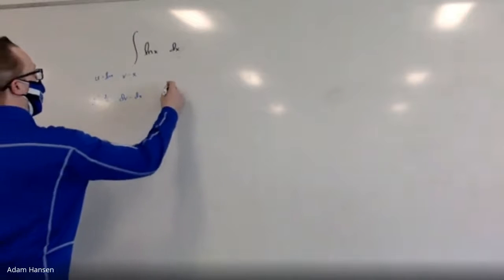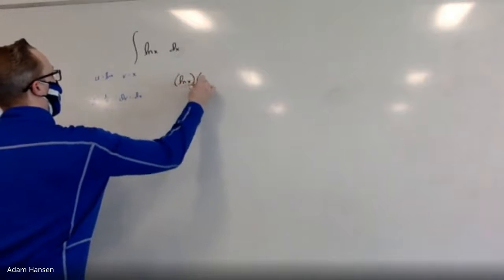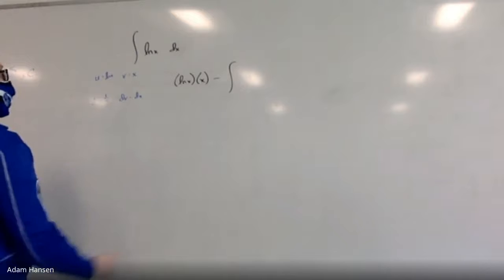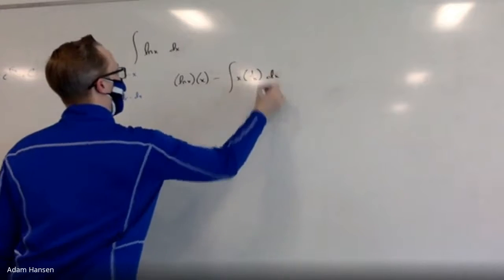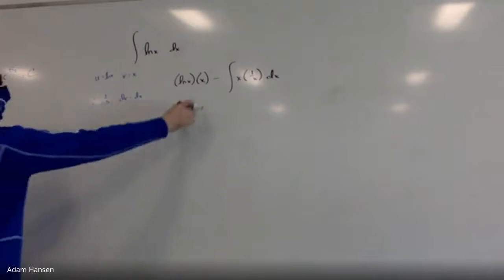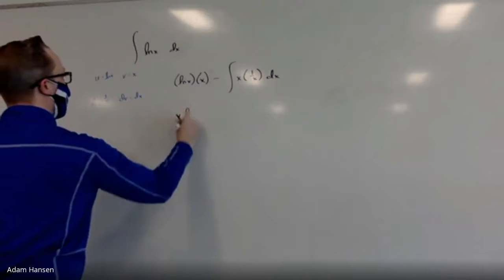u times v, so the natural log of x times x, minus the antiderivative of v du: x times 1 over x dx. This first term is pretty much set to go: x times the natural log of x.